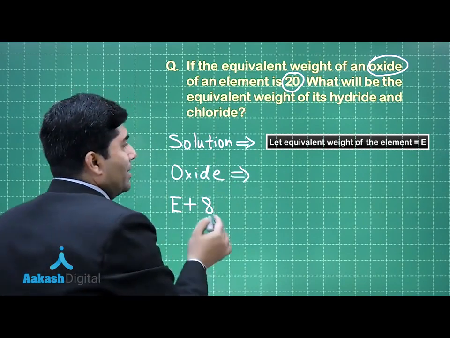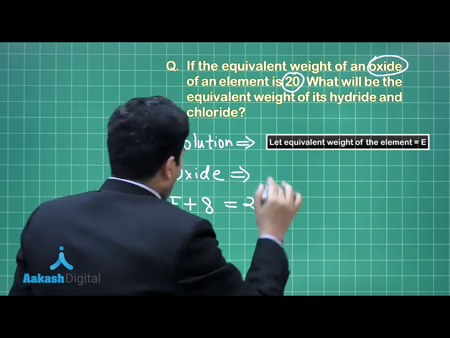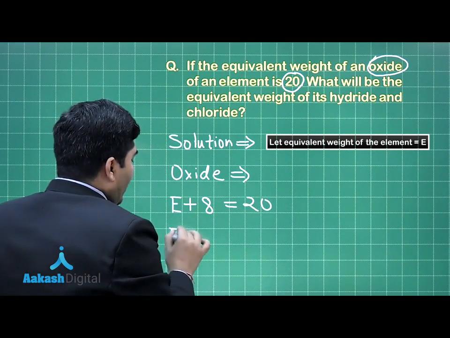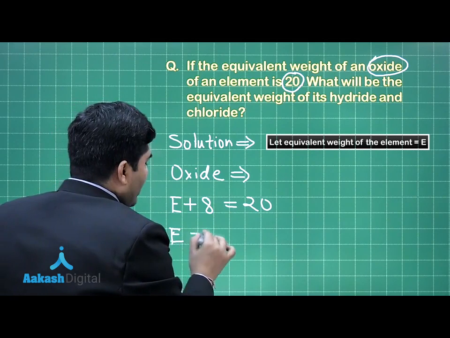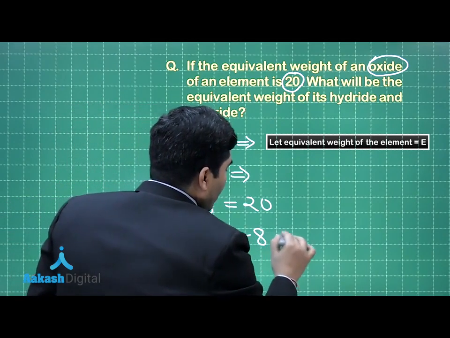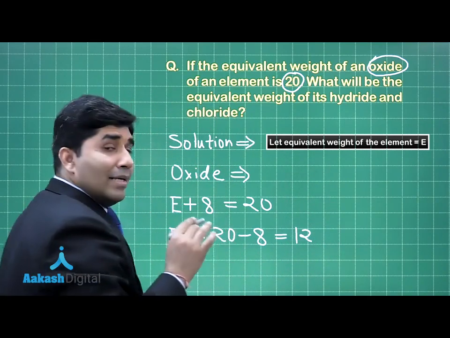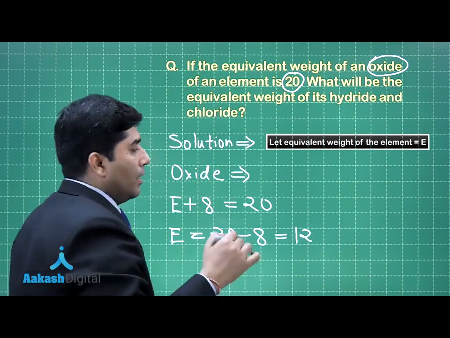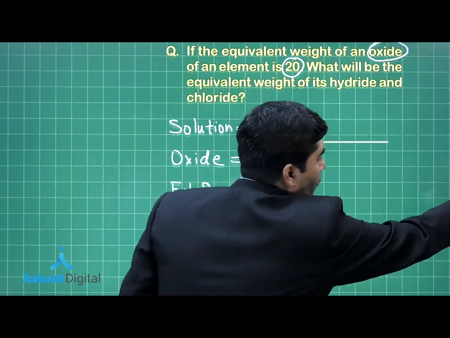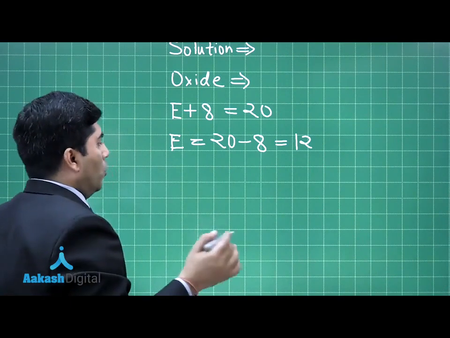Now E plus 8 will be equal to 20. From here E is equal to 20 minus 8, that is equal to 12. Now 12 is the equivalent weight of that element. Now what we have to do? We have to find out the equivalent weight of hydride and chloride.